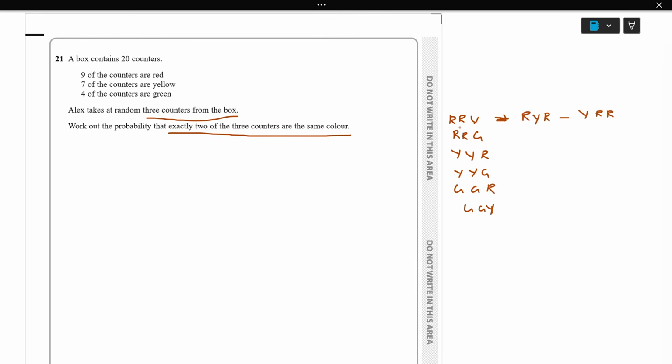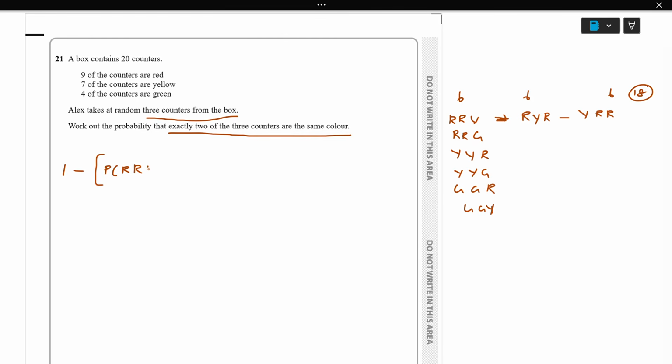From here, each one has three combinations. So the first one we can change like R, Y, R. Then we can go for Y, R, R. Like this, when you do each one, 1, 2, 3, 4, 5, 6, so 6, 6, 6. So there are 18 combinations. It is too high.